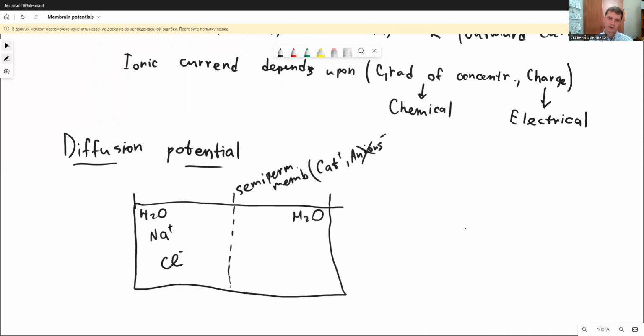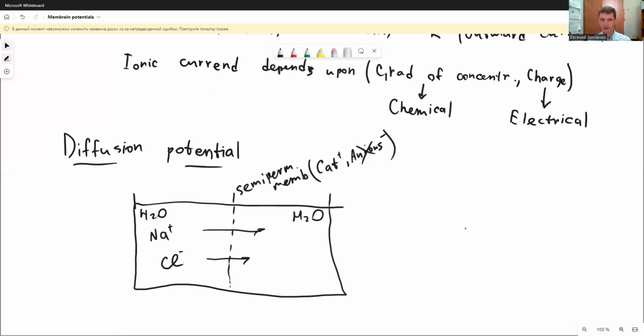Anions not allowed. So in this case, the concentration gradient, following Fick's law, wants to move these solute particles in the direction of the pure water, in this direction. But the membrane prevents this movement.